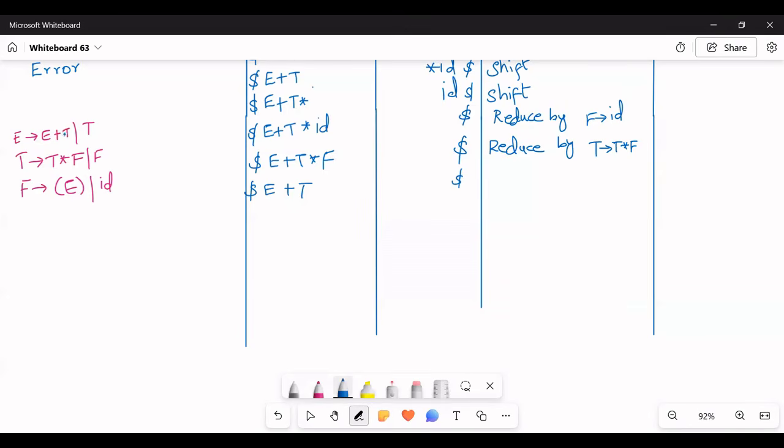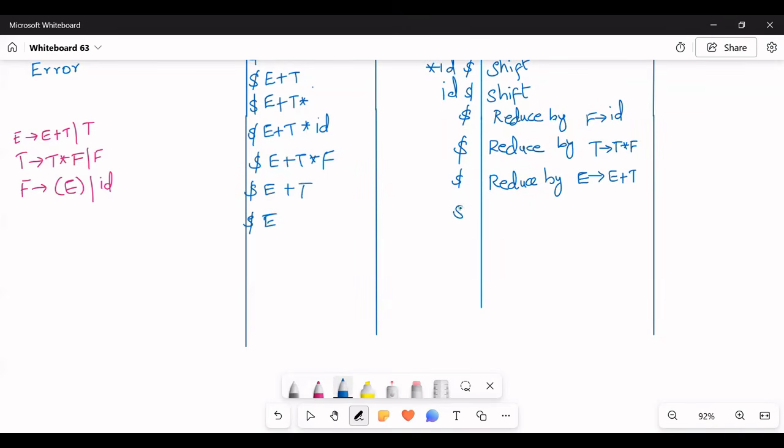Now E plus T is a handle. So the next action is reduce action. Reduce by E tends to E plus T. So E plus T must be popped from the stack and E will be pushed onto the stack.